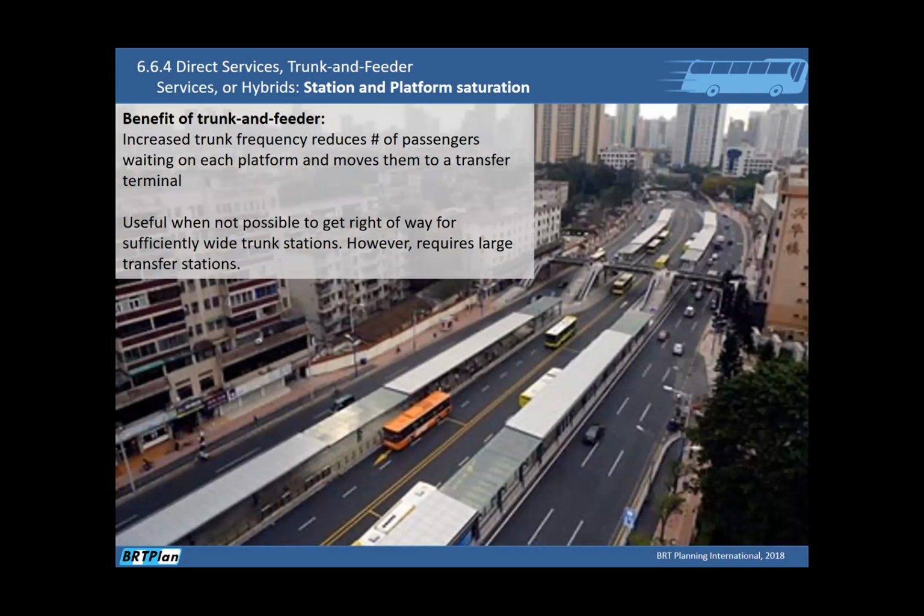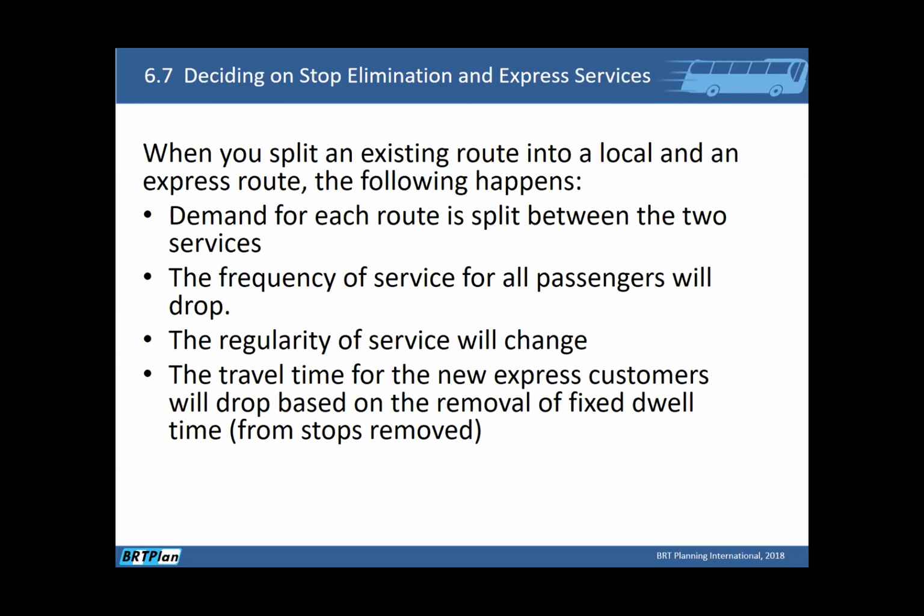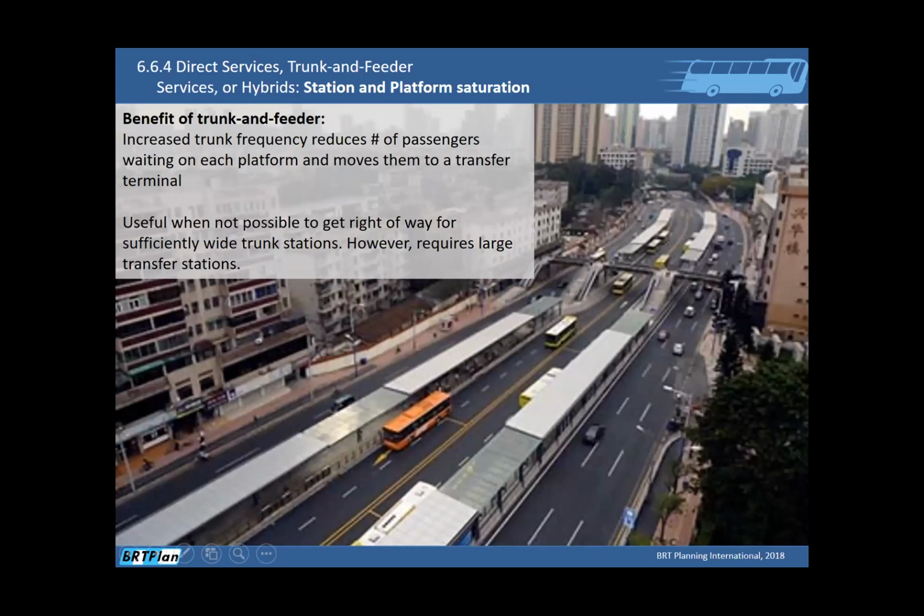What the rest of the chapter talks about, and I'm not going to go into it today, but I'll just flag it for you, is how to decide where to eliminate stops, how to decide about whether to add express services or limited stop services, and what the stopping patterns should be. And then it also discusses whether you should combine routes to avoid transfers, etc. But we're not going to go into that today. So let's leave it at that and take any questions.